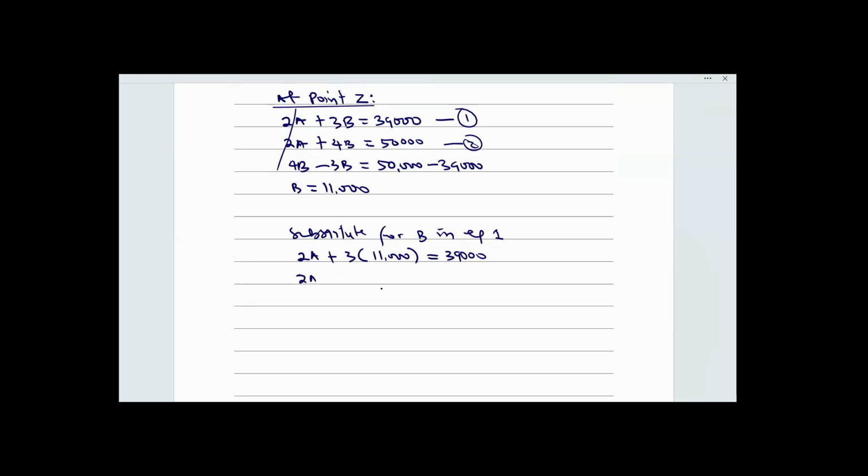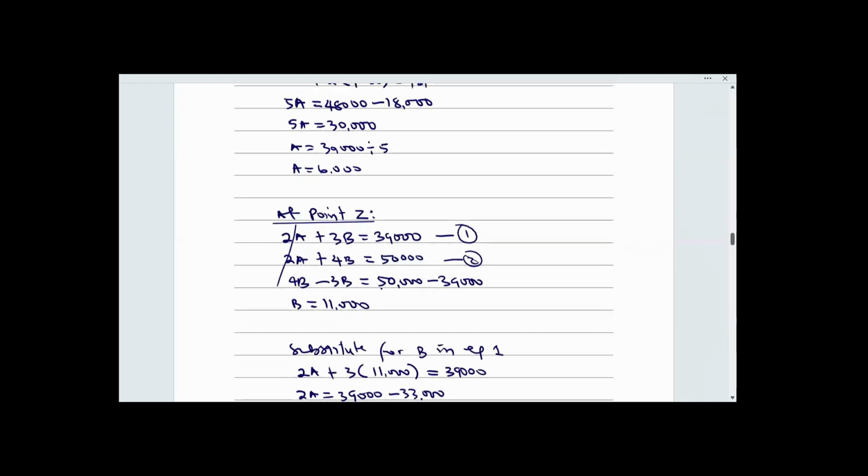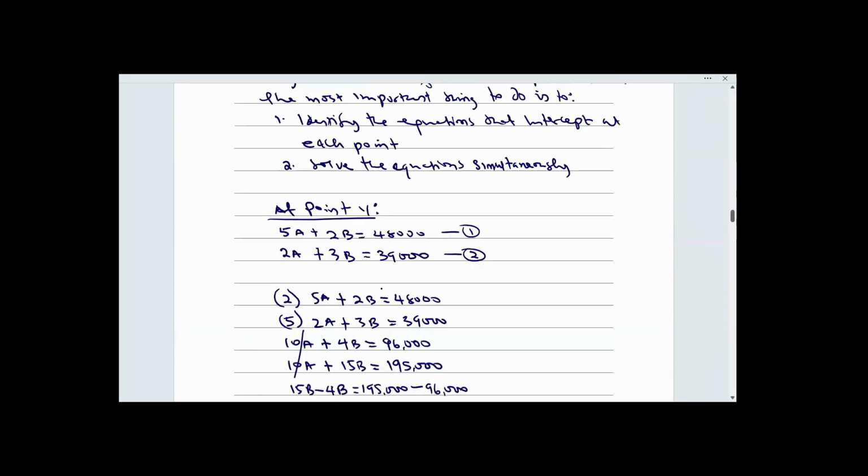Therefore, 2A will be equal to 39,000 minus 33,000. Therefore, A will be equal to 6,000 divided by 2. A will be equal to 3,000. So A is 3,000, B is 11,000.